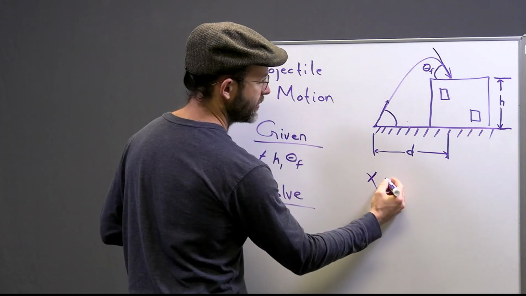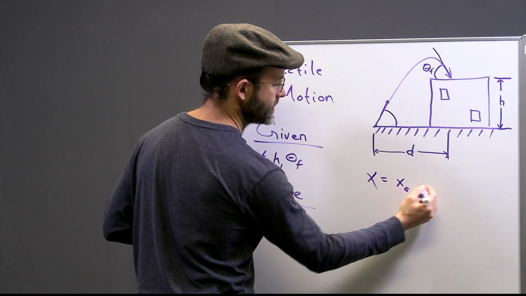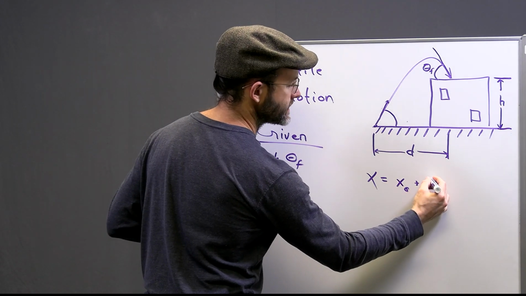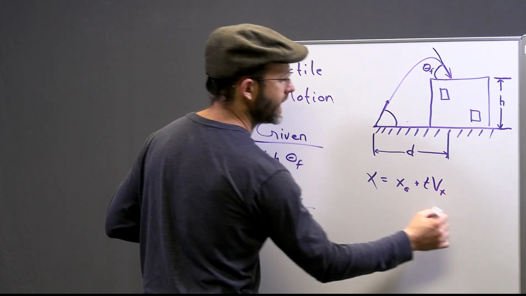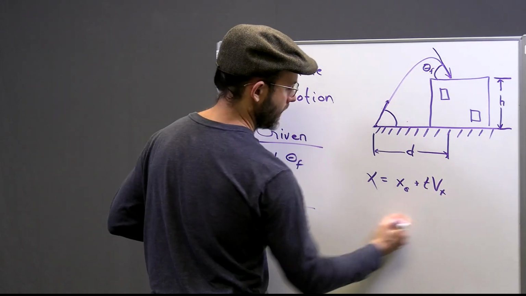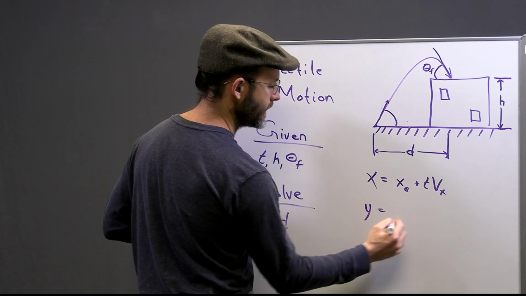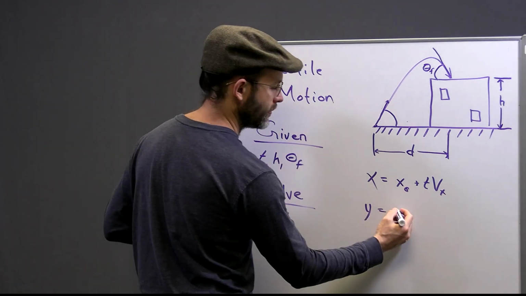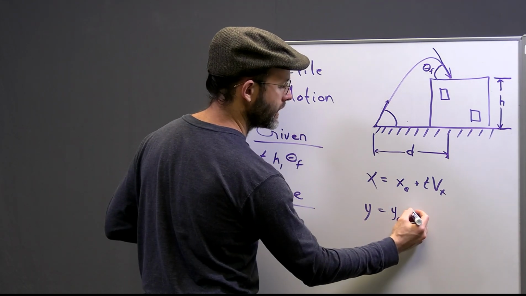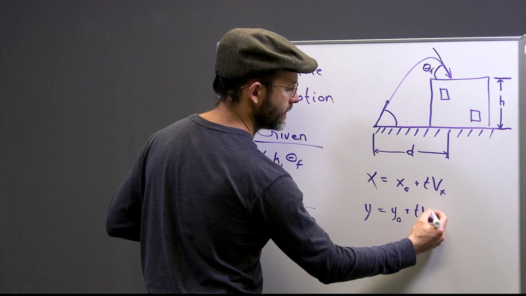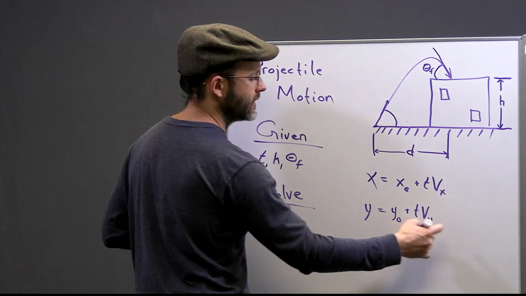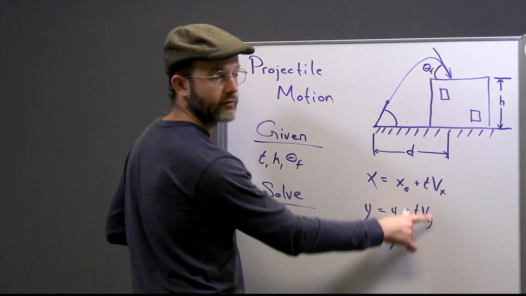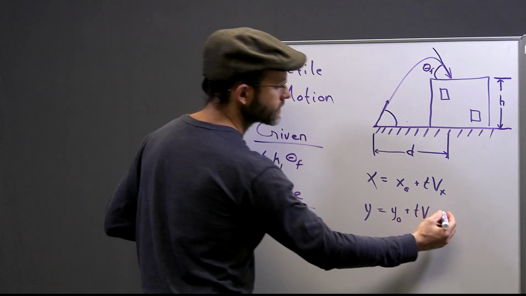Okay, the projectile motion equations: x equals x naught plus the time times the x component of velocity, and the y equation, y equals y naught plus the time times the y component of velocity. These are initial velocities.